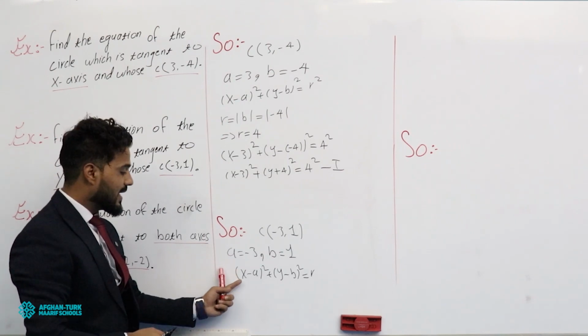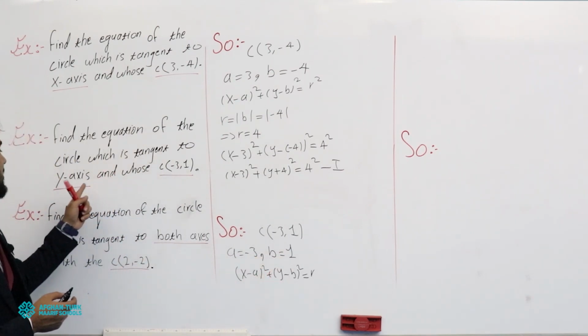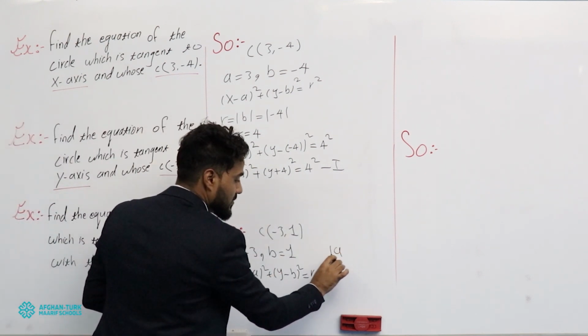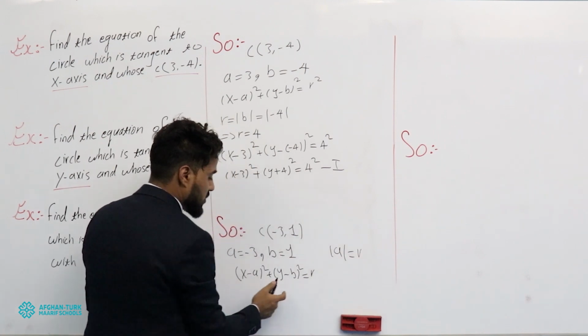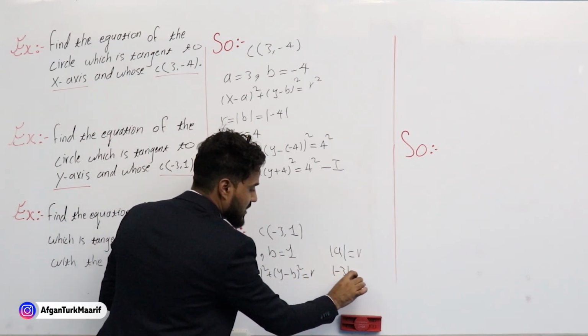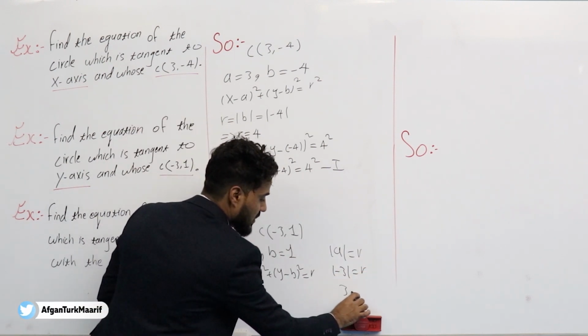Here we have a and b, but we don't have r. We know that when the circle is tangent to the y-axis, the absolute value of a is equal to r. So a is equal to −3, the absolute value of −3 is equal to r, which is 3. So r is equal to 3.